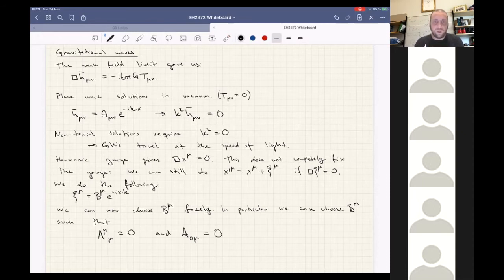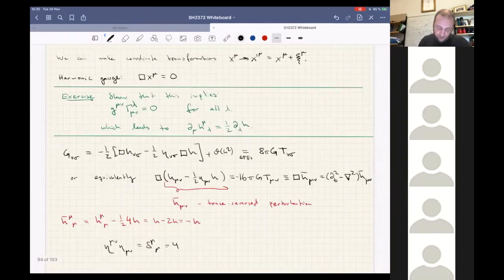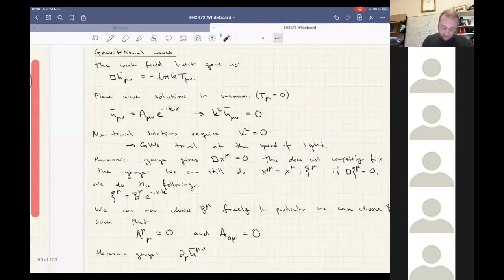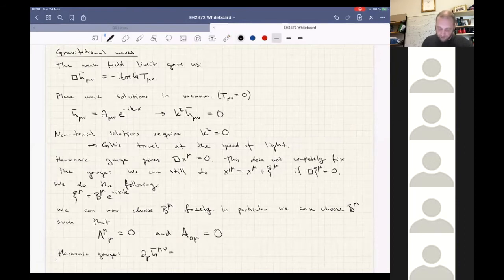Okay. So we have used the additional gauge freedom now to choose this particular form of A. However, the harmonic gauge itself, if we look at what that was giving us, we had that ∂_μ h̄^{μν} is equal to 0.